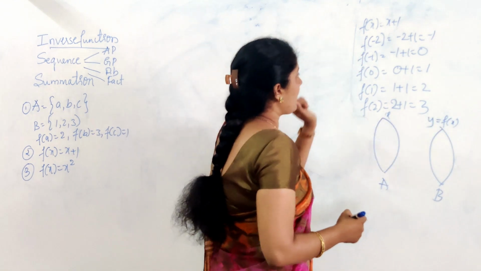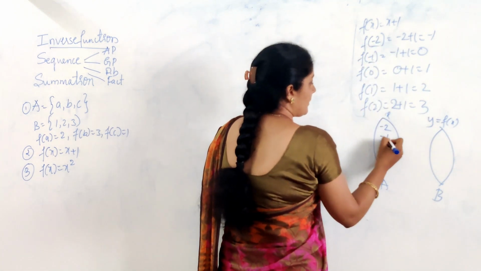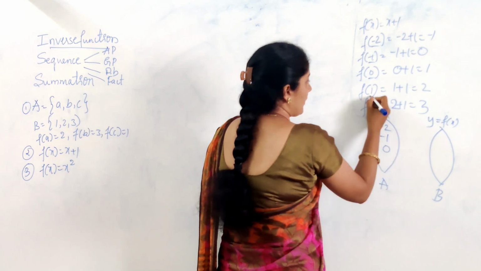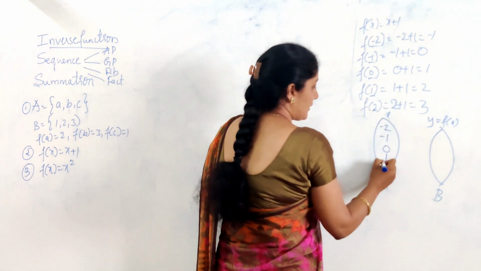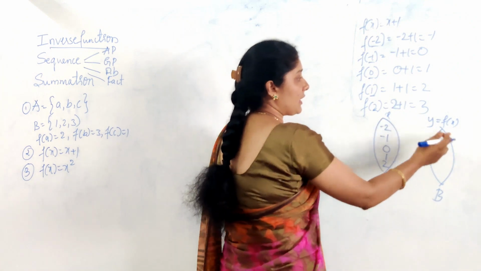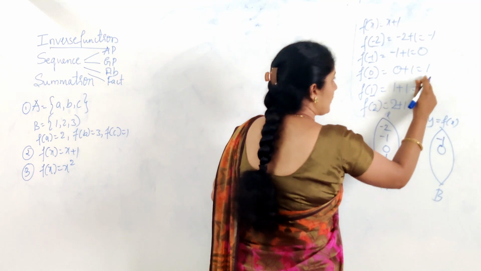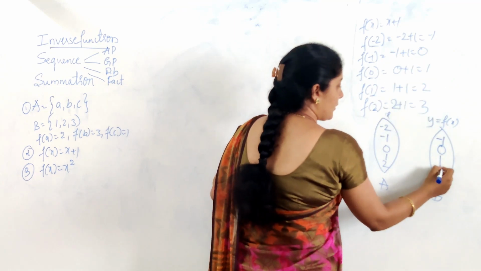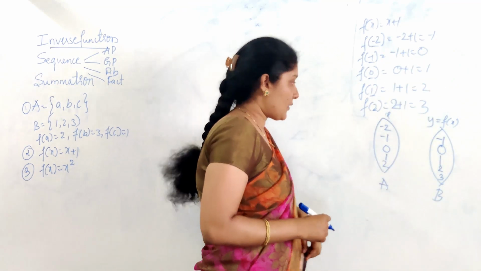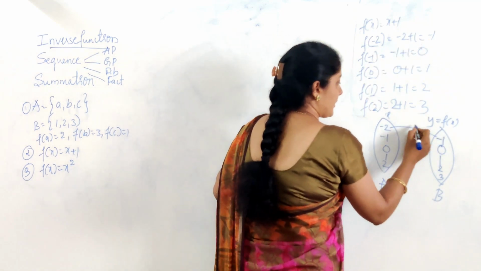So what are the x values we have? -2, -1, 0, 1 and 2. These are the x values. Then y values, nothing but f of x, that is -1, 0, 1, 2 and 3. So now, what is f of -2? -1. So this is the function.